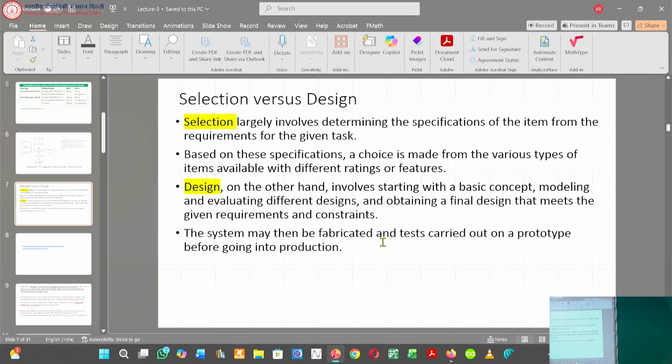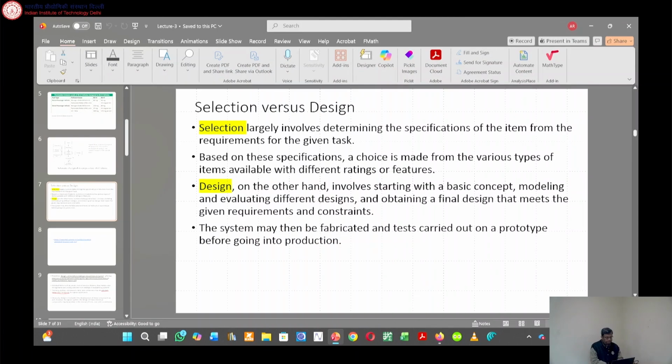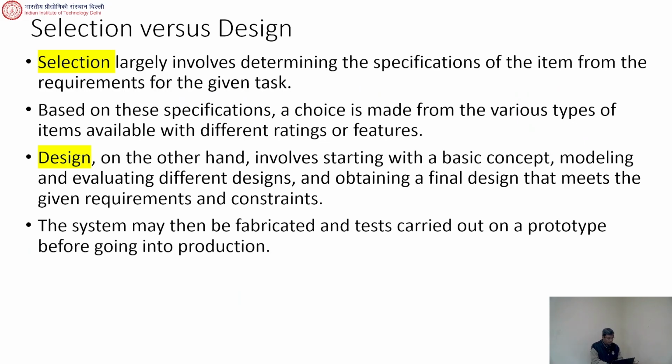So in design, you have a basic concept. Then you make designs, evaluate designs, and ultimately you fabricate the final design that you arrive at. But then you also have to carry out tests.